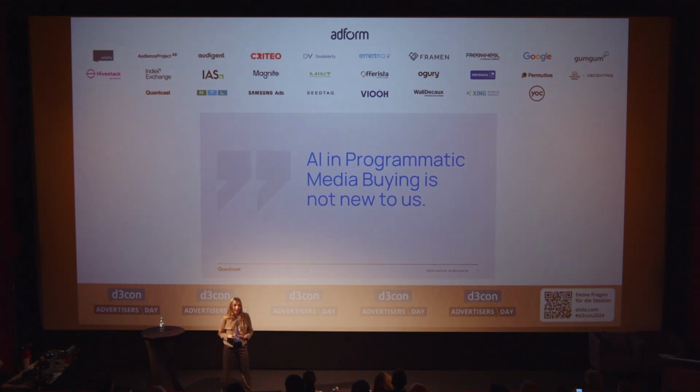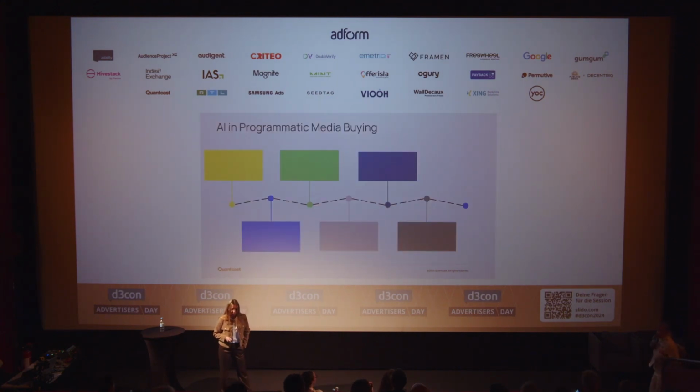That's not even the start of AI in media buying, you can go back quite some time. I would like to highlight the different parts. If we think about how programmatic media is being bought, you start with your audience, you need data, you start with your audience planning, etc. So how data is being collected and processed, that's where AI is actively being used.